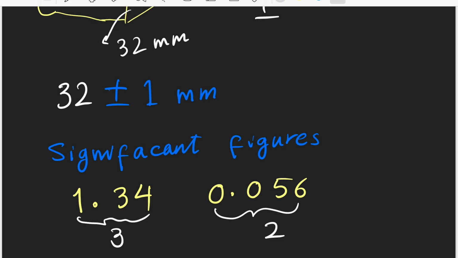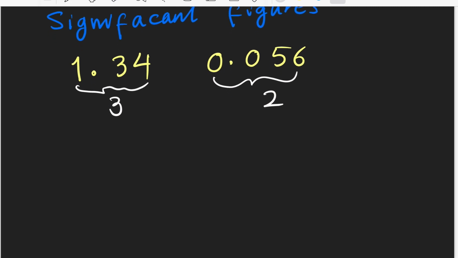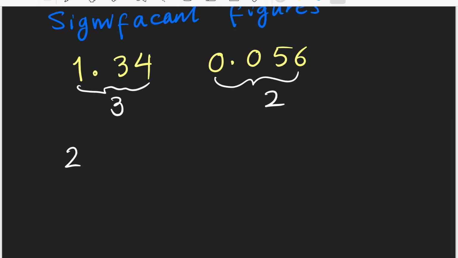For example, if we are told that the thickness of a book is 2.91 millimeter, we see that this has only 3 significant digits. In this case, the last digit on the right is uncertain.